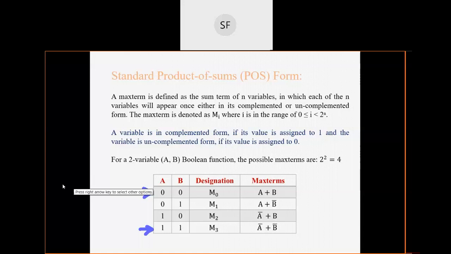So you must understand what are the differences between SOP and POS. and you can remember any one standard or any one representation, and just opposite to that will be the second representation, है ना.